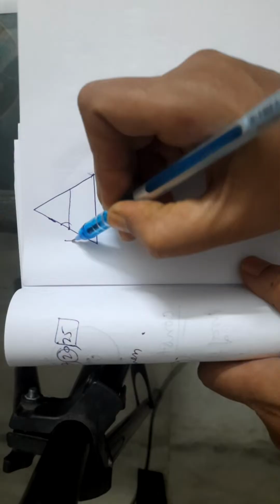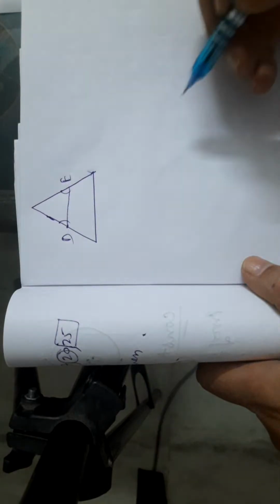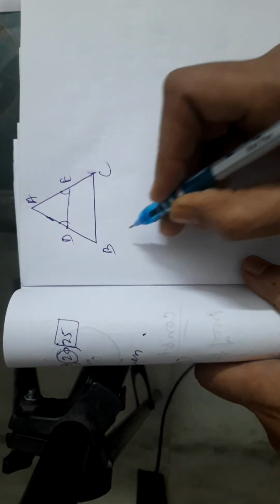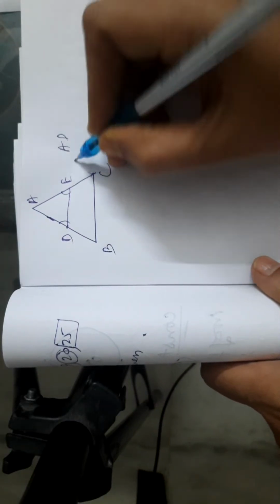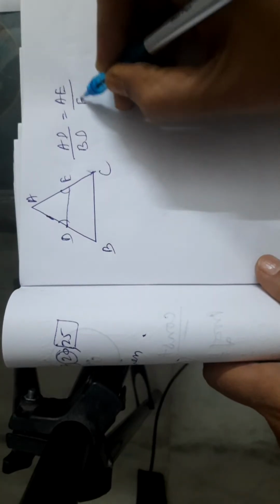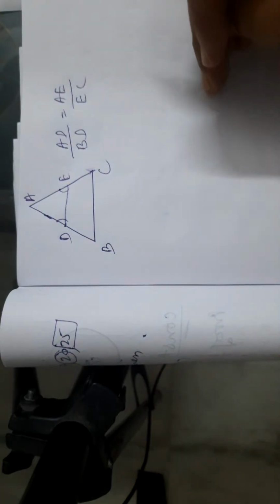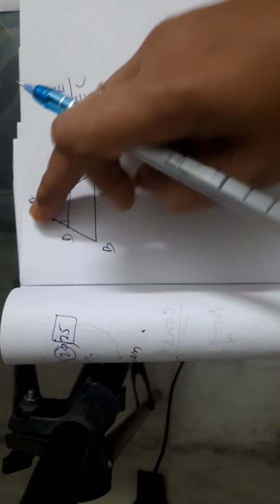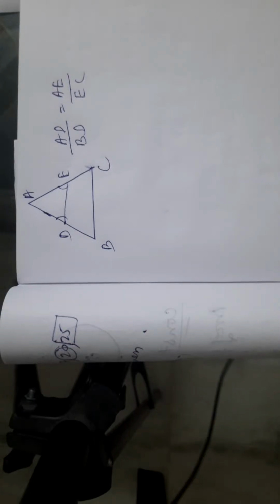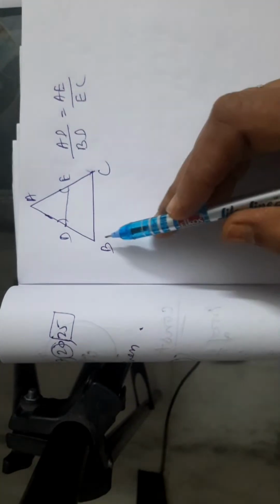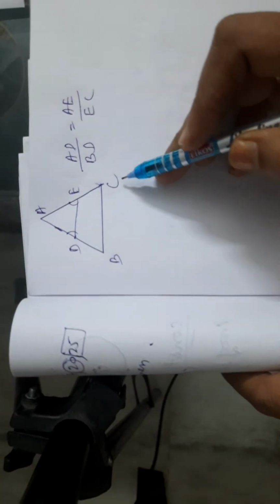It's given that angle D and angle E both are equal, and AD upon BD is equal to AE upon EC. The ratio is also given. Prove that BAC is an isosceles triangle. That means we need to make sides AB and AC equal.